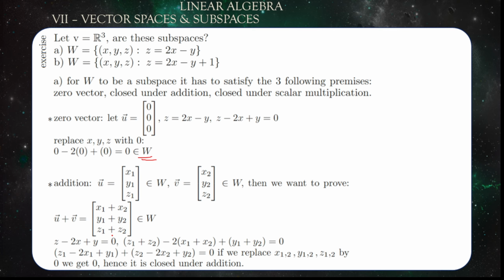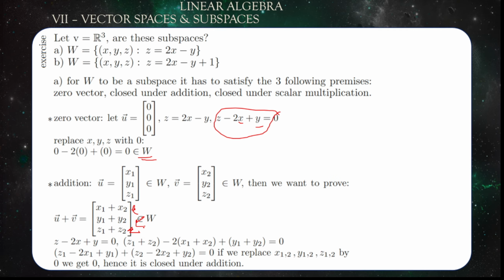So you simply replace z by z1 plus z2, x by x1 plus x2, and y by y1 plus y2. Let us solve it. So we've gotten this equation.